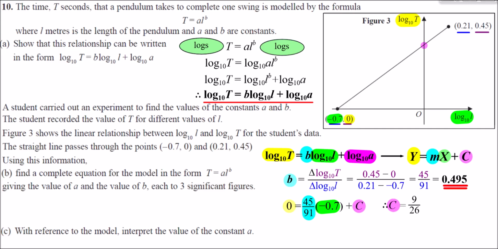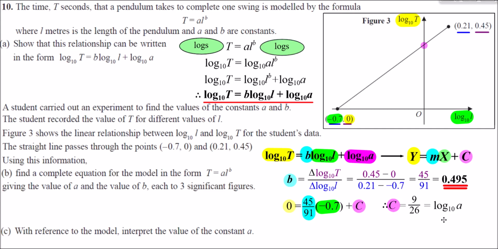So then we've got essentially what we need for the full model. We've got what c is, so in other words, we've now got what log base 10 of a is. And then from there, we can unpick this to work out what a itself is. And so c is 9 over 26, which is the same as log base 10 of a, because that is what c is. So we can now do 10 to the power of both sides.